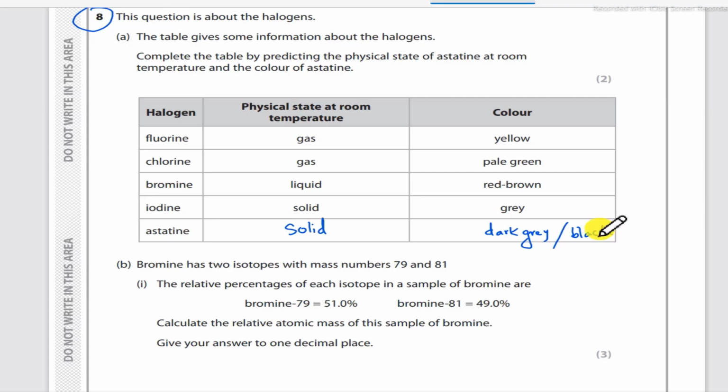Bromine has two isotopes with mass 79 and 81. The relative percentages of each isotope in a sample of bromine are bromine 79, 51%, bromine 81, 49%. Calculate the relative atomic mass of this sample of bromine. Give your answer to 1 decimal place.